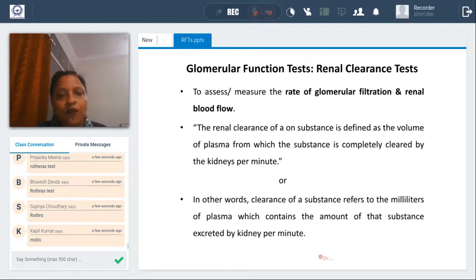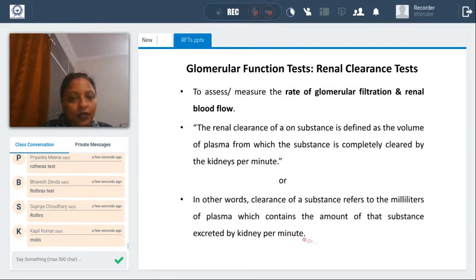So the renal clearance of a substance is defined as the volume of plasma from which the substance is completely cleared by the kidney per minute. It is per minute. Or in other words, clearance of a substance refers to the milliliter of plasma which contains the amount of that substance excreted by the kidney per minute.